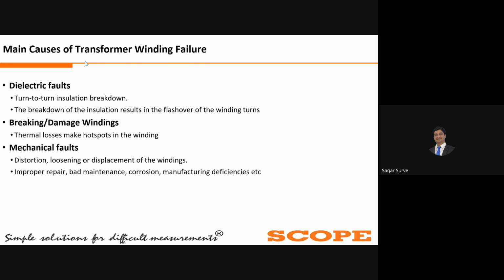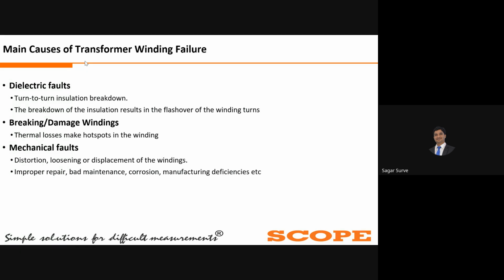And next is the damage of the winding. Thermal losses make hotspots in the winding. If there is breaking or damage inside the winding, the turn will become open circuited, and there will be heavy resistance and heat loss. Okay, that can also make a hotspot inside the transformer winding.